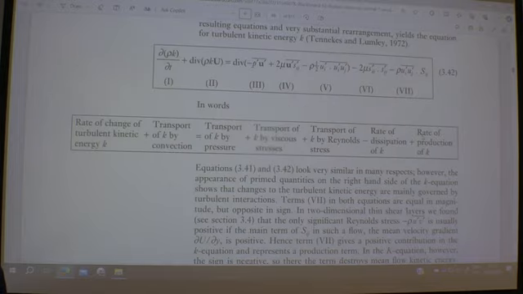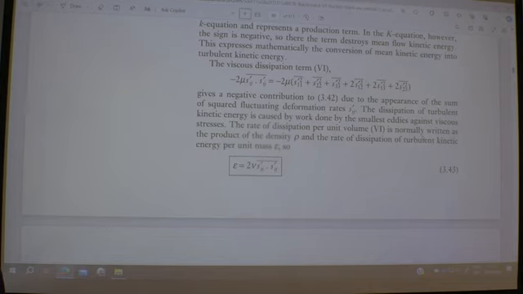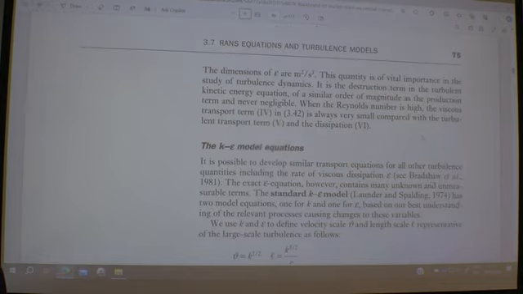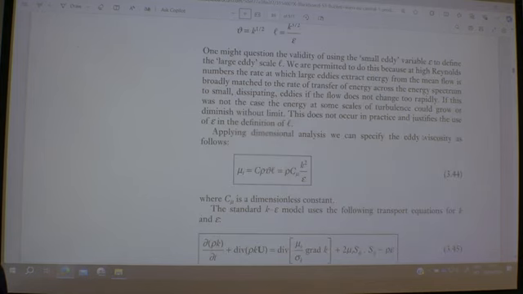So same with this one. No, you can't use this one in practice. So we model it away. So the K-epsilon model equations, that's a different story.